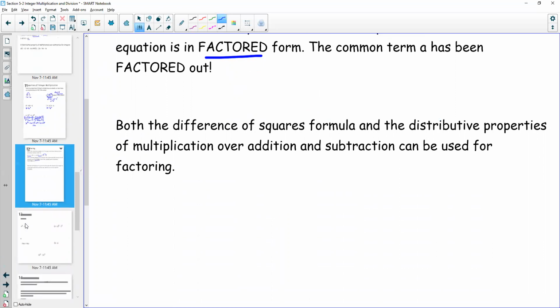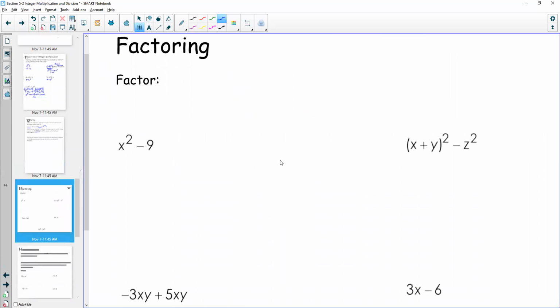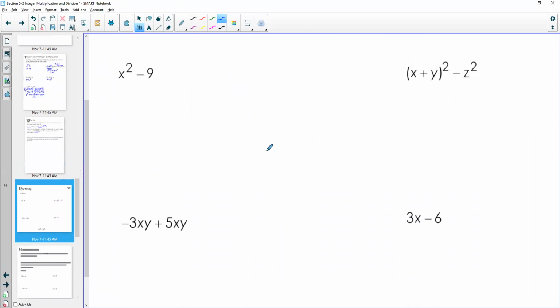Okay, so here are a couple to try. Factoring should be familiar, but remember, you have to recognize when something's a difference of squares. This is something you have seen before and should be able to go like, oh yeah. So when it's a difference of squares, it's always one factor has a plus sign and one has a minus sign.